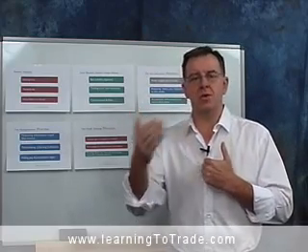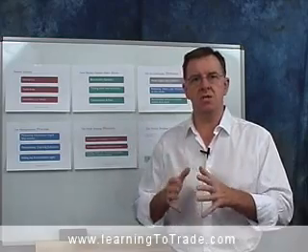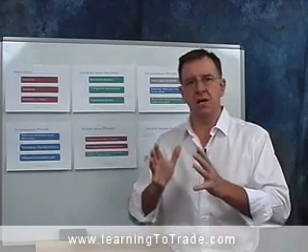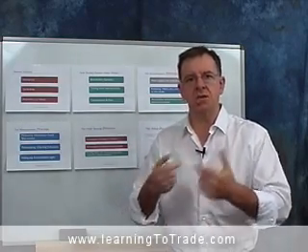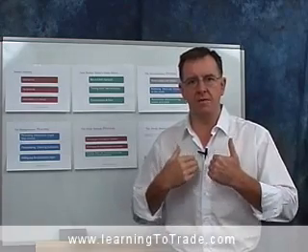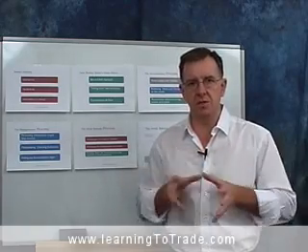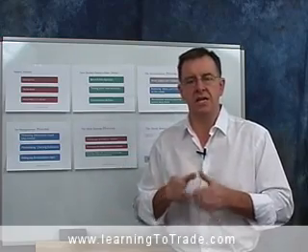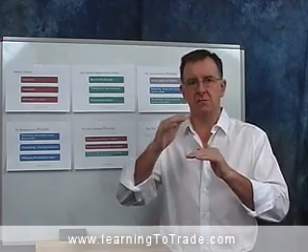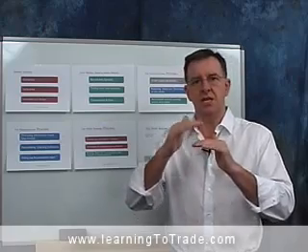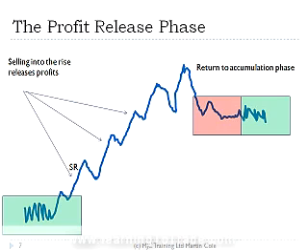Well, you are selling what you've bought into a rise. So in other words, once you can convince the outside market to come in and the market's going up, suddenly they want to buy. Where do they buy from? They buy from me, the market maker, or the market makers. I shouldn't say me, but they buy from the market makers, and thus the market makers sell into the rise. We'll come to that on the last slide. They sell into the rise, and thus they release their profits. Okay, so the profit release phase.